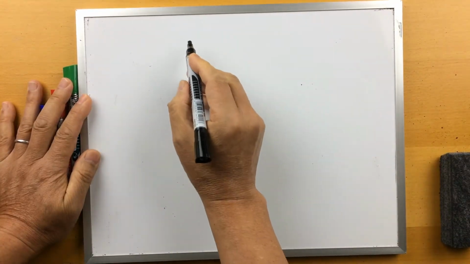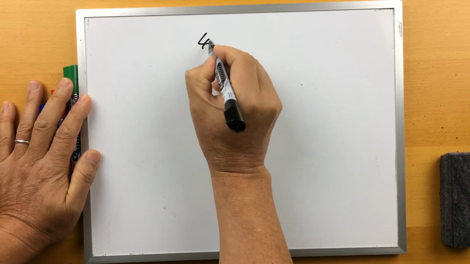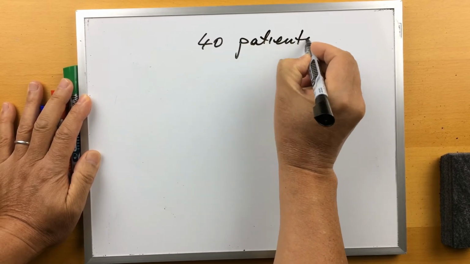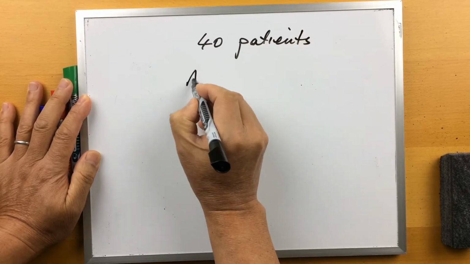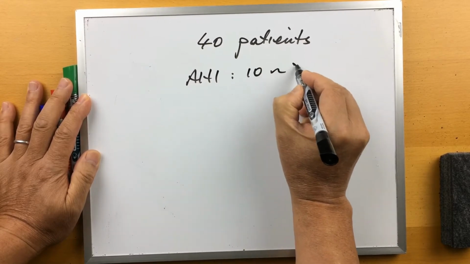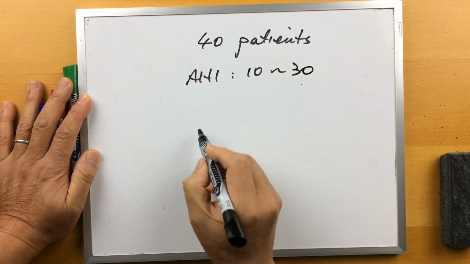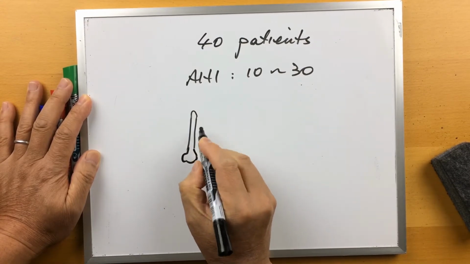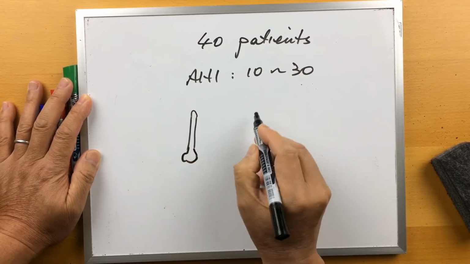In this study, they recruited 40 patients with an AHI value between 10 and 30. Then they tested three different temperatures.